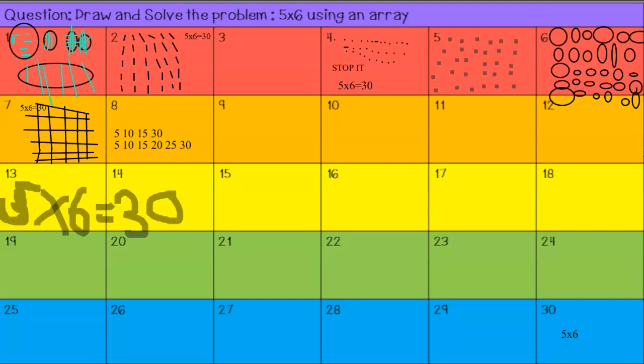I did 5 times 6 equals 30. Very good. 5 times 6 equals 30. Awesome job.